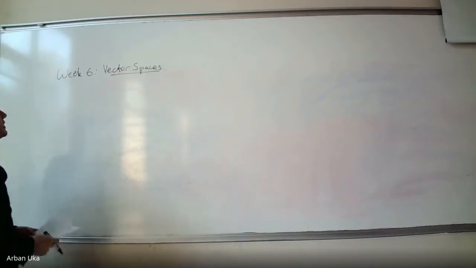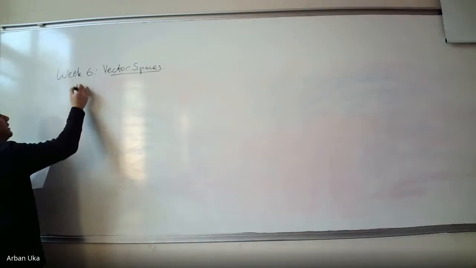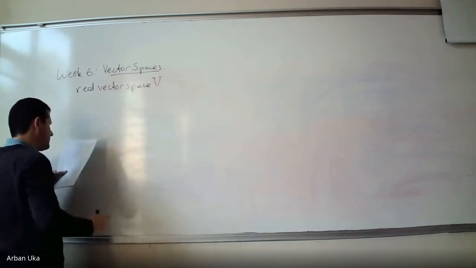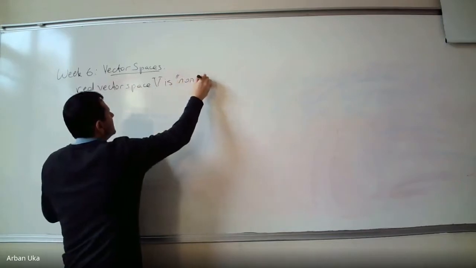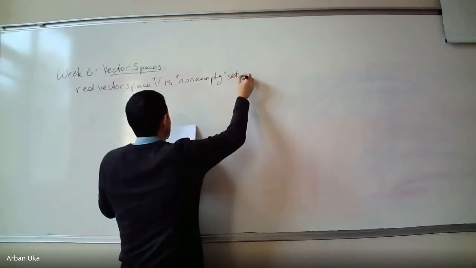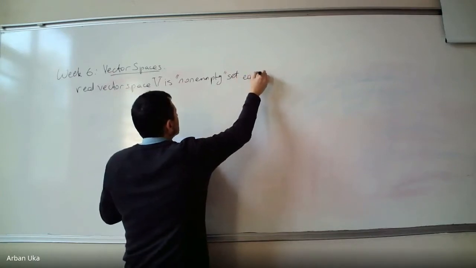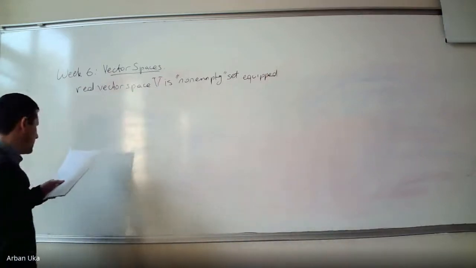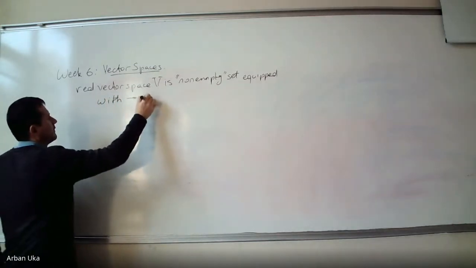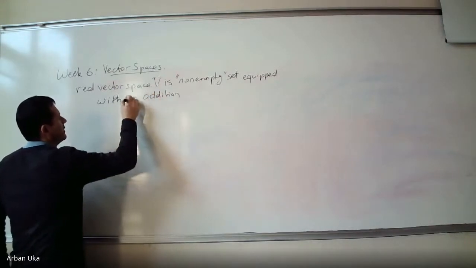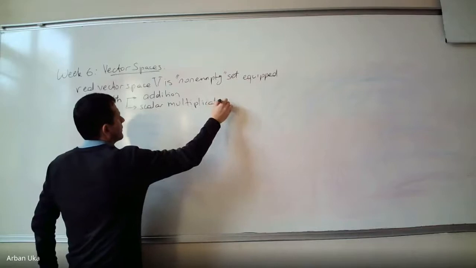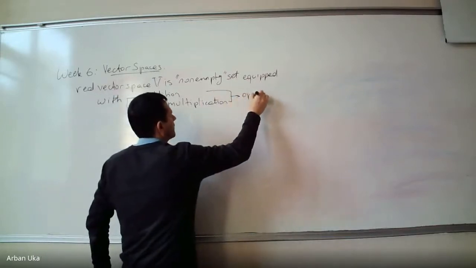For vector spaces, what they are: let's call it a real vector space V. It is a non-empty set which is equipped with an addition operation and a scalar multiplication operation.